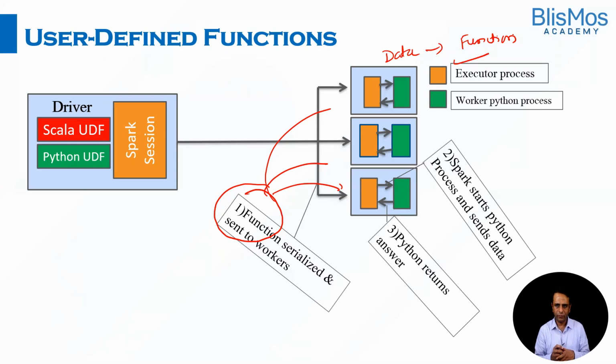Then after that, Spark starts the Python processes and sends the data in a serialized way, and then the processing happens. Python returns the answer. Look at the overhead here. The serialization of the data needs to be done in a way Python can understand, and it processes it. Then it will be sent back to the JVM of Spark. Whenever we define functions in Python, this is one of the important aspects to be kept in mind.